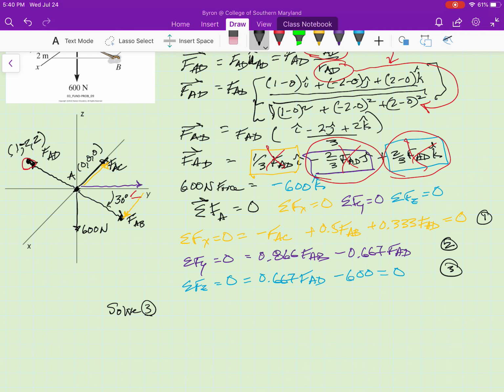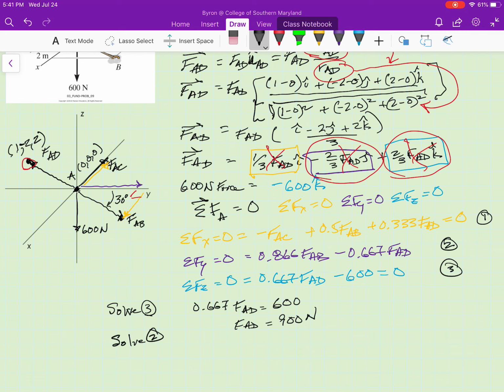I can write equation 3 as 0.667 FAD equals 600. And solving for FAD, I get 900 newtons. Now I can use that result to solve equation 2 using substitution.